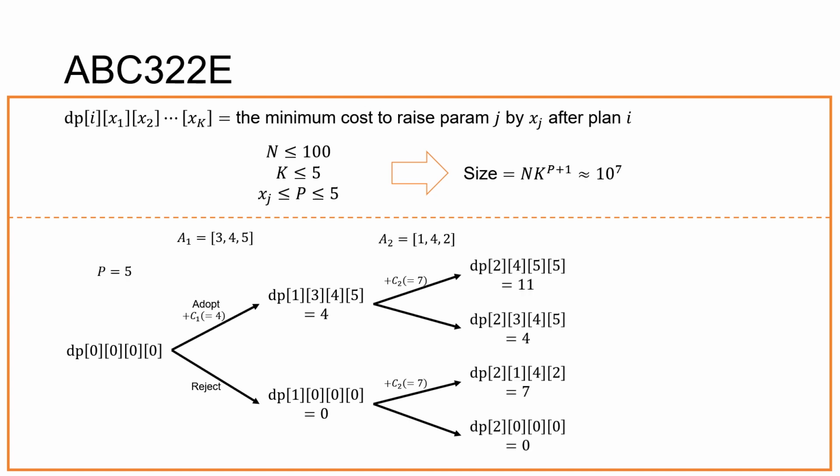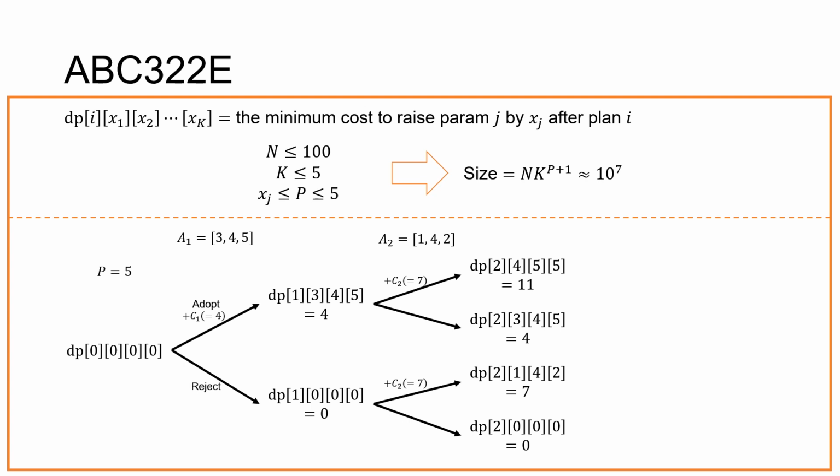but don't forget to round down to 5 when the parameter value exceeds 5, which is equal to the target value p in this example. This is needed because variables in this DP can't handle large numbers.